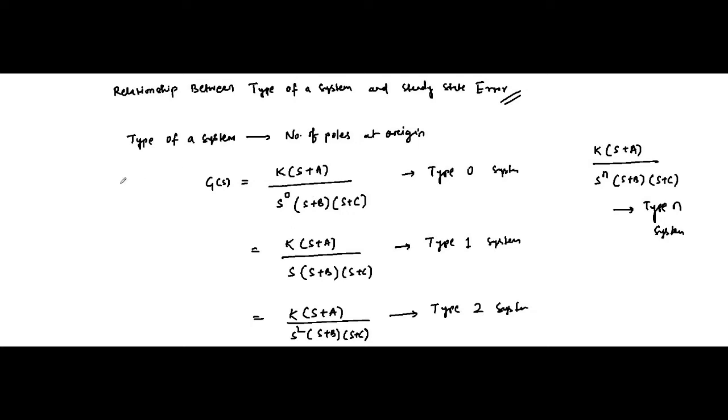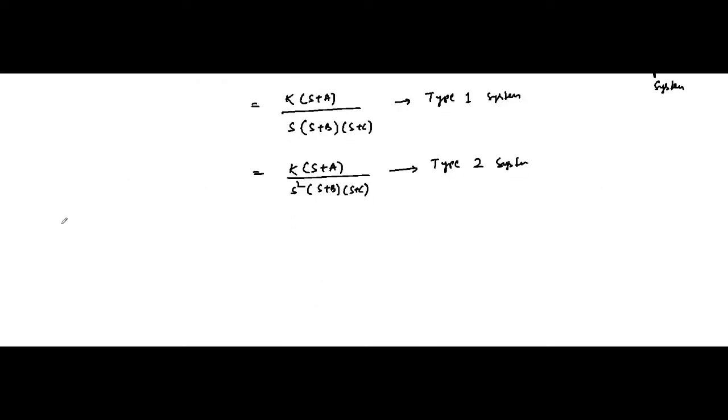So suppose first we pick the type 0 system. Okay, we are considering the type 0 system. So this is represented by this transfer function. Let's say k into S plus A, S plus B into S plus C. So here we have to find out the error coefficients.